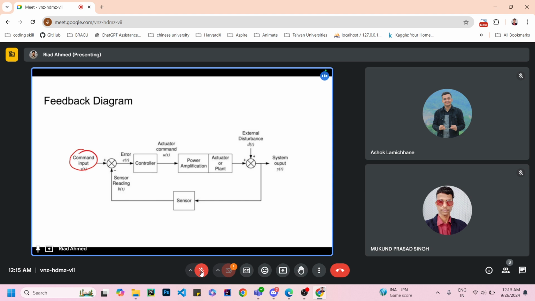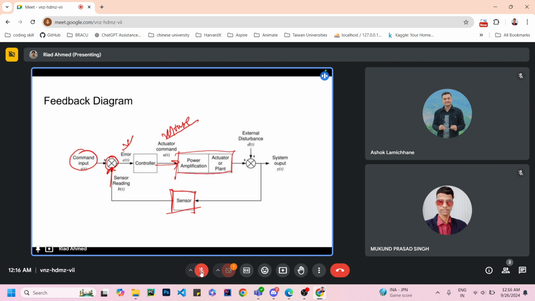You are passing an input here, and you are using a sensor to measure the output value, and that value is getting inputted to the operator which we already talked about, and that operator will calculate the error, and that error will get inputted to the controller, and that controller will then try to create a signal. That signal is basically the voltage signal. That voltage signal will get passed to the motor, and this part is basically the motor.